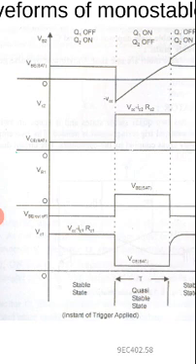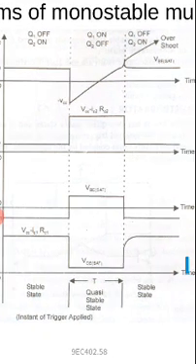For VC1, if Q1 is off, the voltage is VCC, or it can be called VCC minus IC1 RC1. If Q1 is on, its output is VC sat.